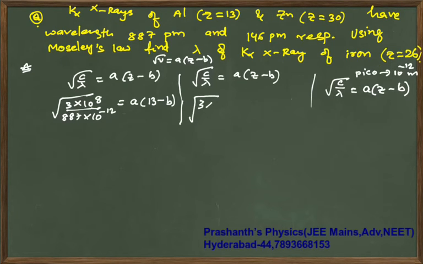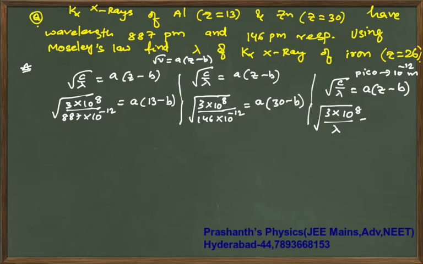Under root 3 into 10 power 8 by 146 into 10 power minus 12 is A times (30 minus B). And under root 3 into 10 power 8 by lambda, which you are supposed to calculate, is A times (Z minus B).